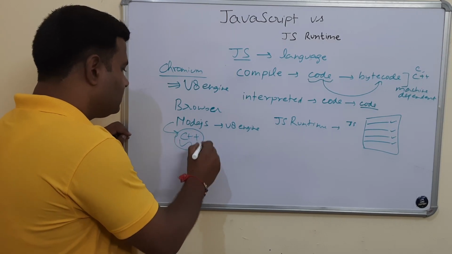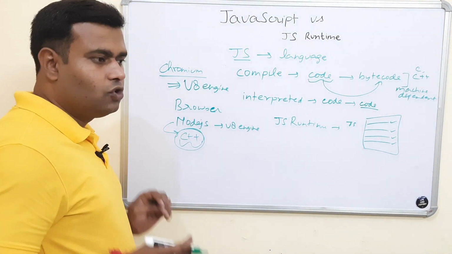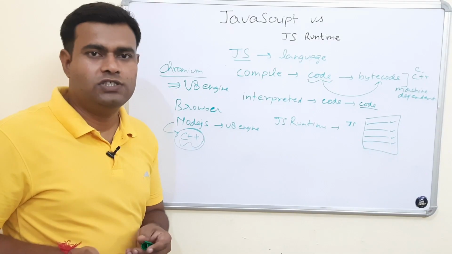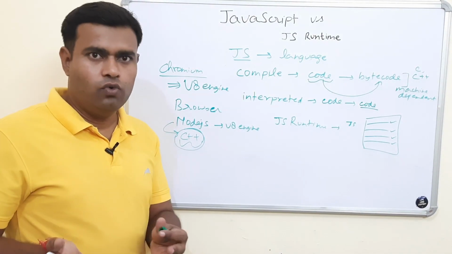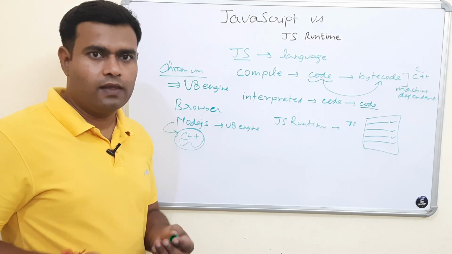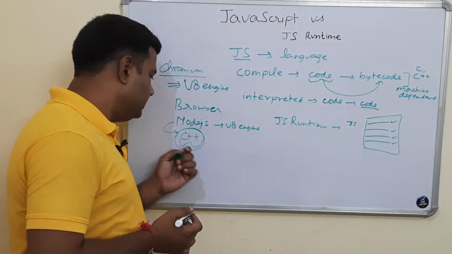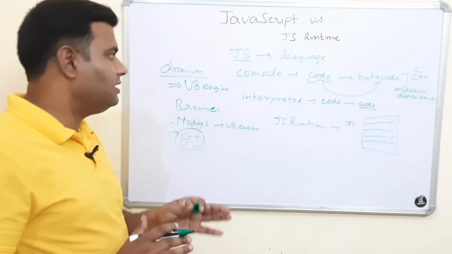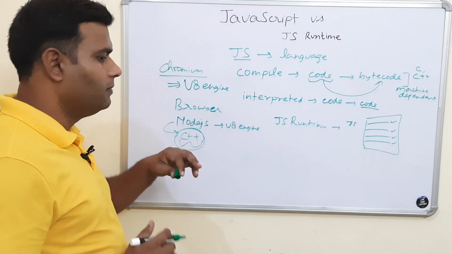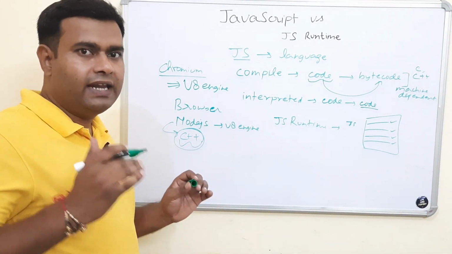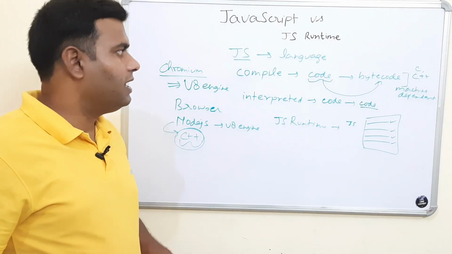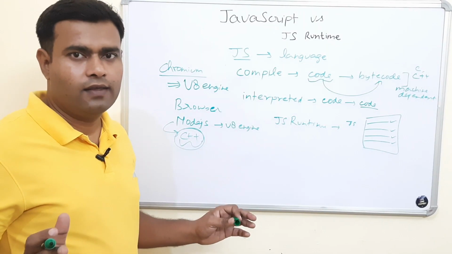And this C++ is platform dependent. So when you install Node.js, it will ask whether you want to install on Windows or Mac or Linux, right? So there are different types of installers. And this makes the platform dependency, however, this V8 engine is independent of the platform and can be used on any machine, and the same code base you can run anywhere.